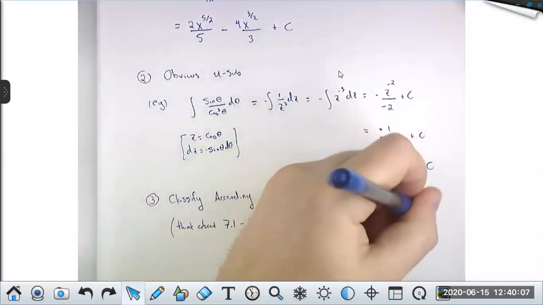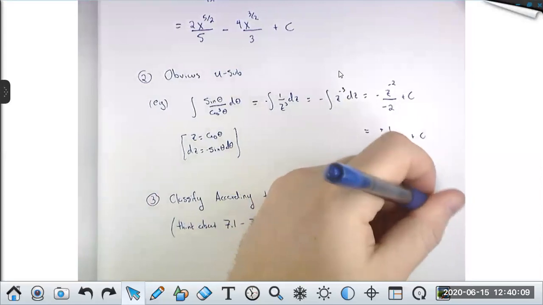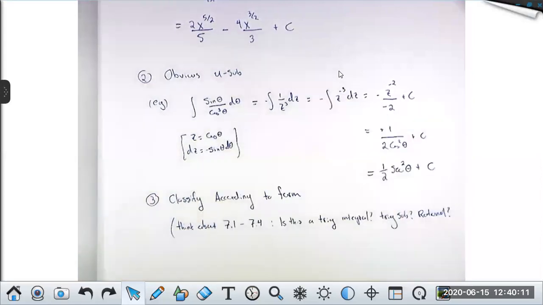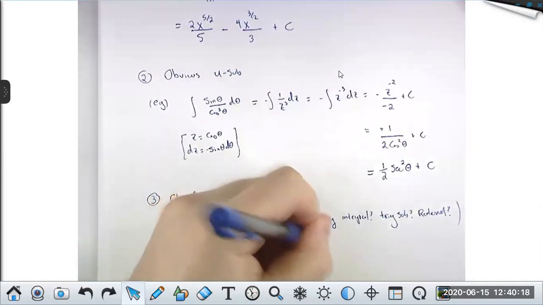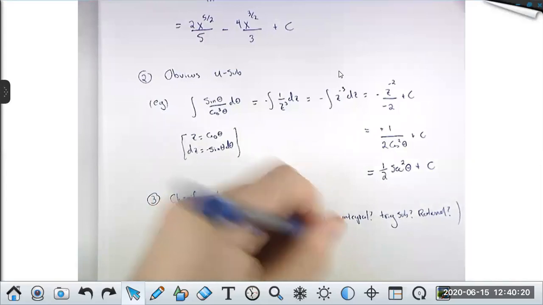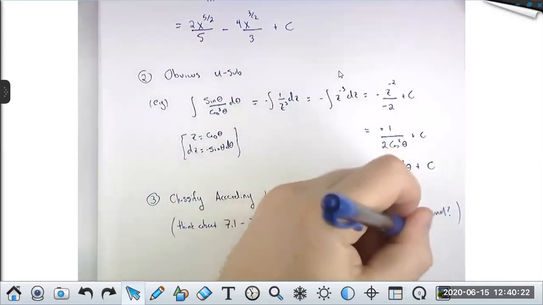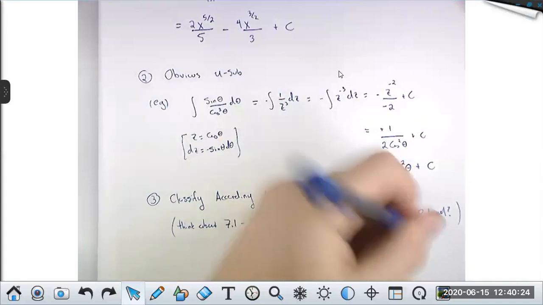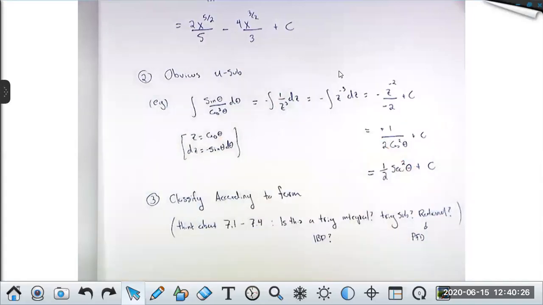Is it a rational function? All those things. If not this, maybe does it look like something we could tackle with IBP? Rational would mean we're going to do some PFD. So classify according to form.